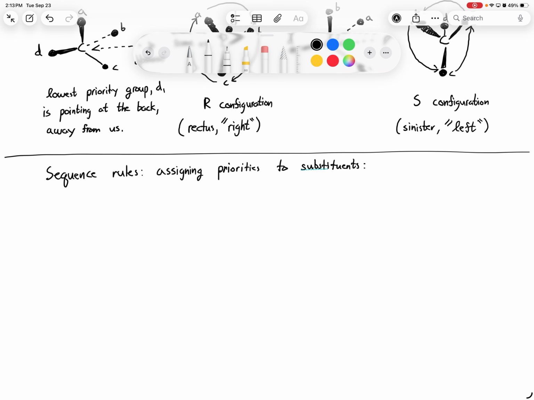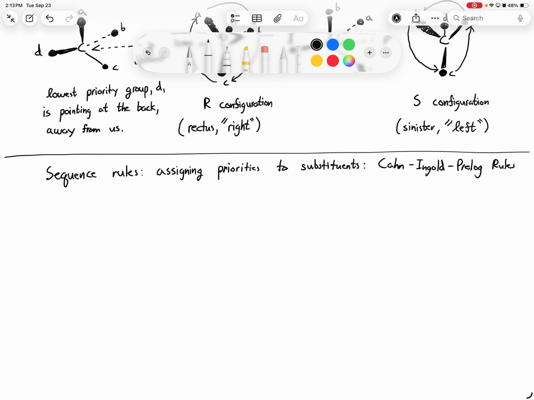The rules here are named after three people: Kahn, Ingold, and Prelog rules. Ingold is actually pretty famous. He made many contributions to organic chemistry. Some of the things I even still use in research. But anyway, so number one.